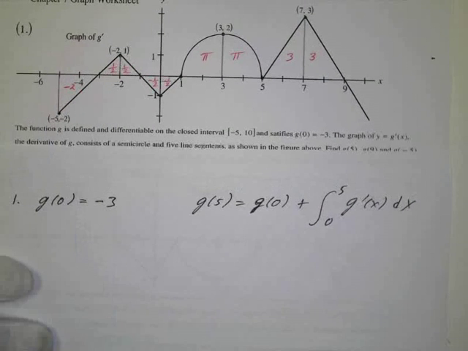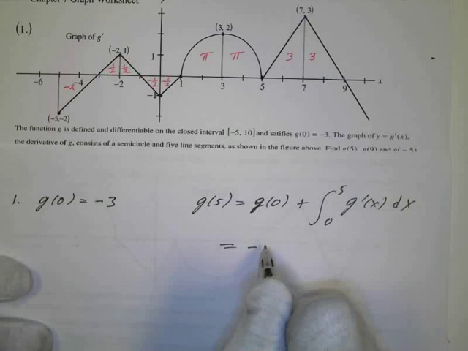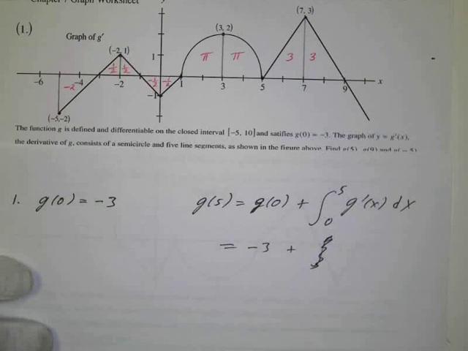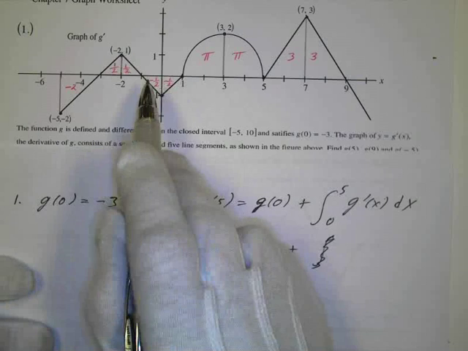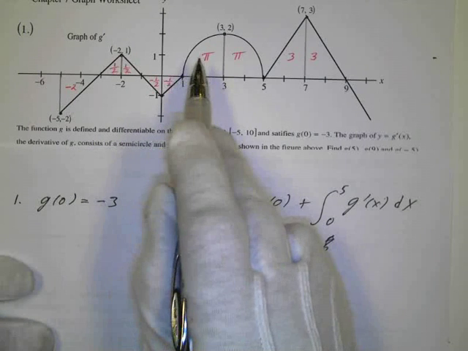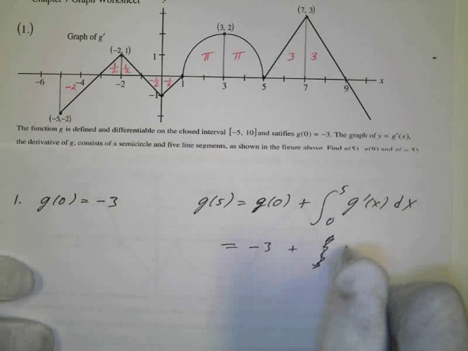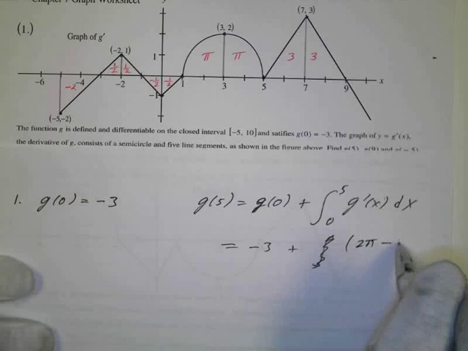Okay, then I just substitute. G of 0, I know g of 0 is -3, and then plus this integral, I can figure out the integrals. That's just the area from 0 to 5. So if I look at the area from 0 to 5, it looks like I've got pi plus pi is 2 pi on the top, minus 1/2, so that's going to be 2 pi minus 1/2.